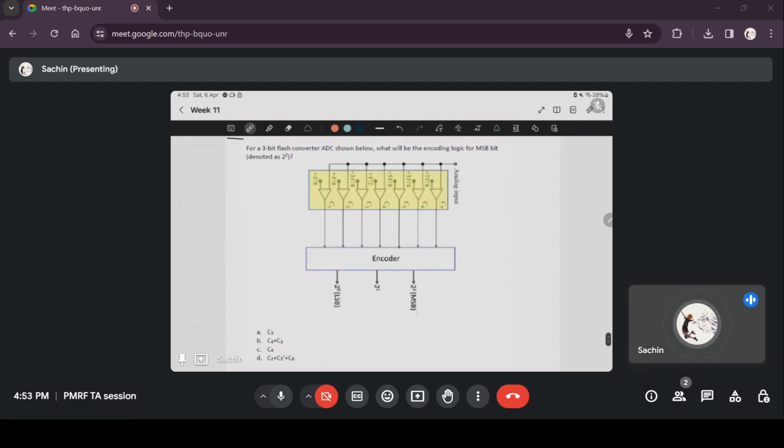So what is the encoding logic for MSB in terms of comparator output?